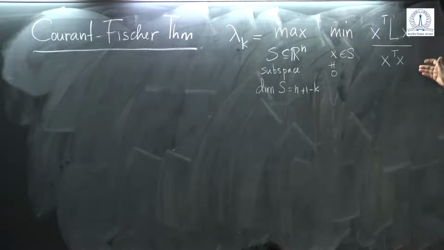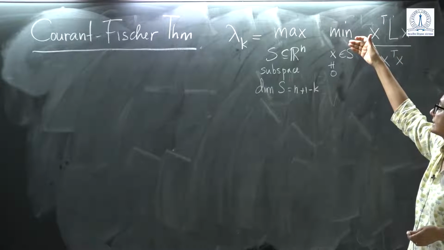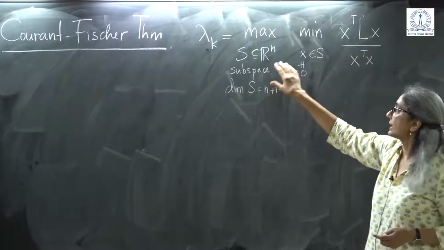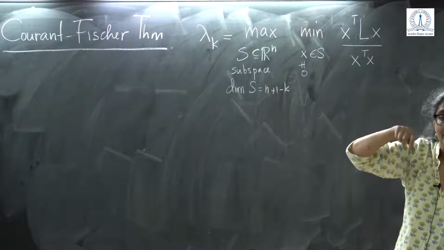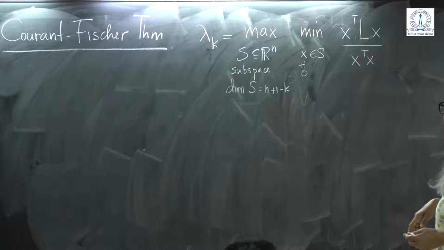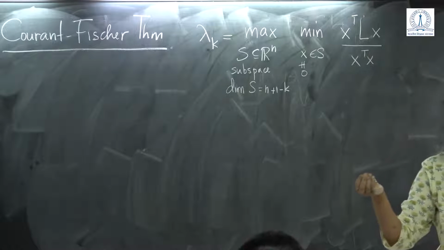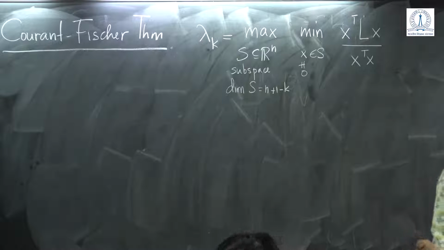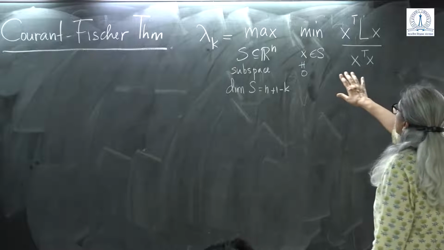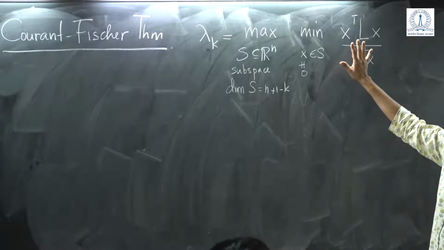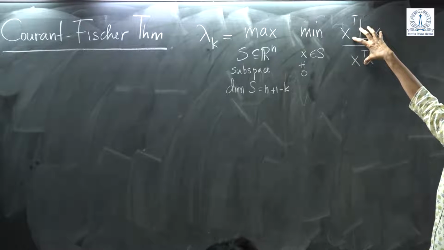If I take the Rayleigh quotient and calculate, what am I doing? The kth eigenvalue of the Laplacian is calculated like this. Let's parse what this is saying. This is the Rayleigh quotient.